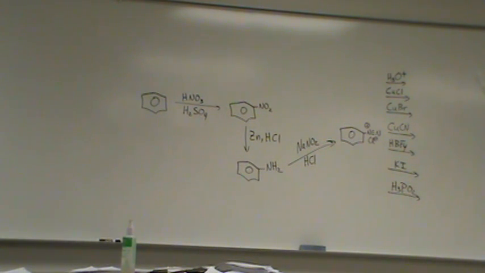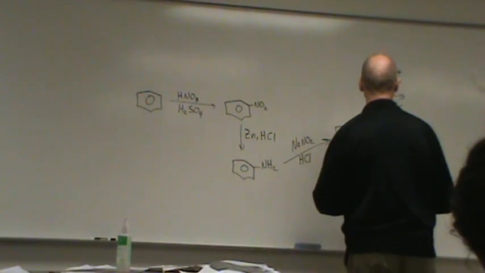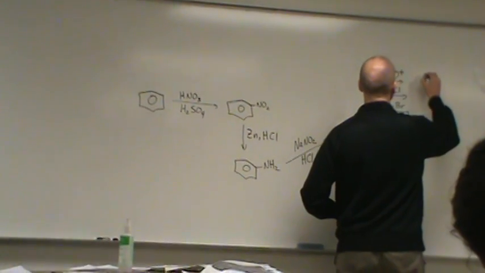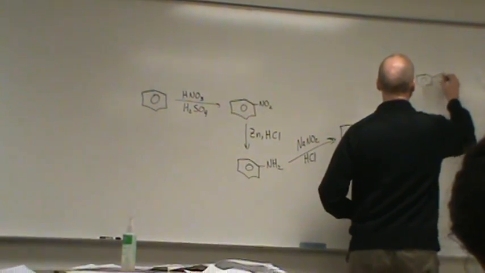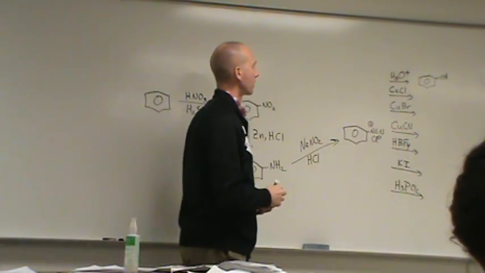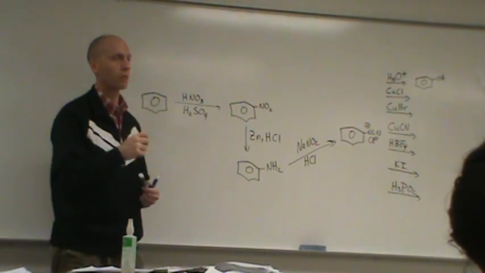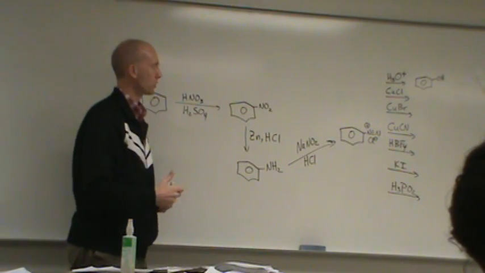What do you think the top one will put on the ring? An OH group, make phenol. Okay, so you see the oxygen there. Again, we won't go through the mechanism.